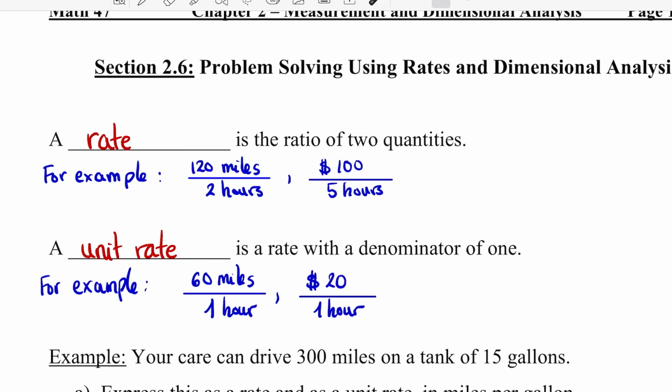So a unit rate is similar to a rate, except that the denominator is always 1. If the denominator is not 1, it's a rate, not a unit rate. In order to be a unit rate, the denominator needs to be 1.